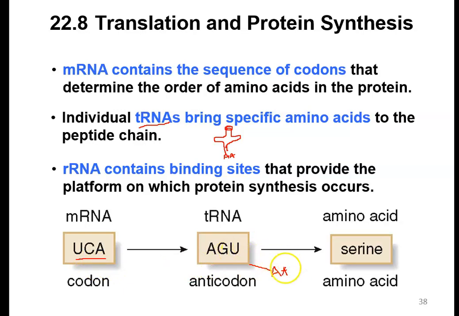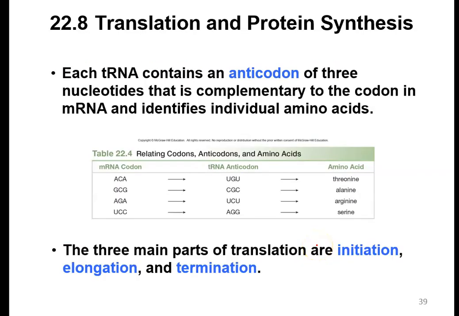They line up, and eventually all of the amino acids hook up. The tRNA is for a particular amino acid, and then all the tRNAs finally bind, and all the amino acids hook up. And that's kind of what this slide is all about.